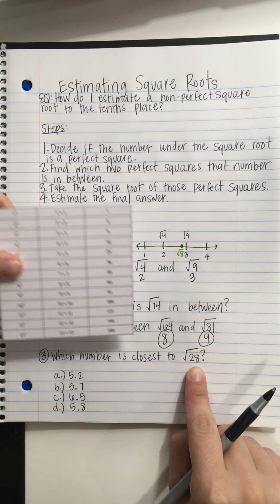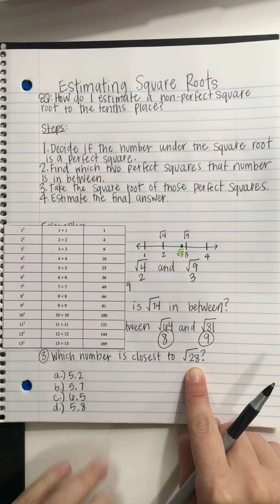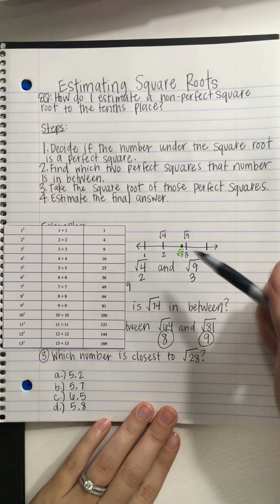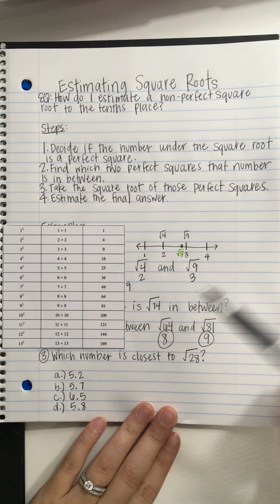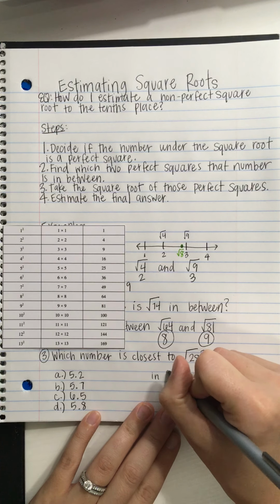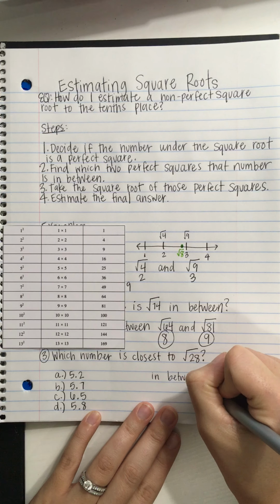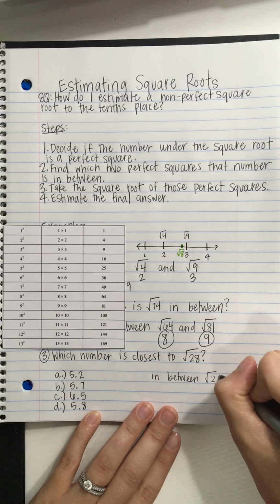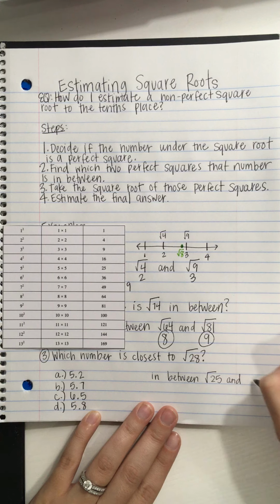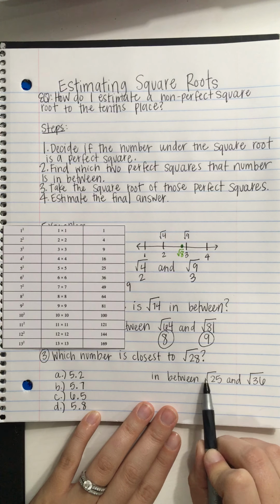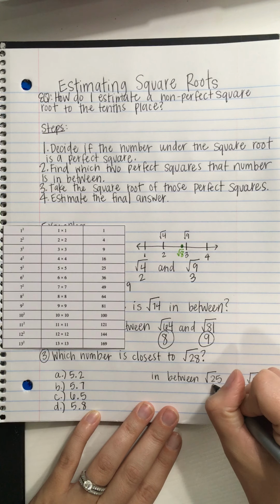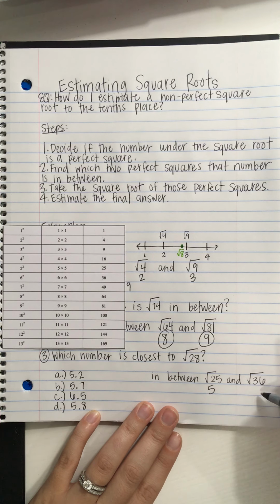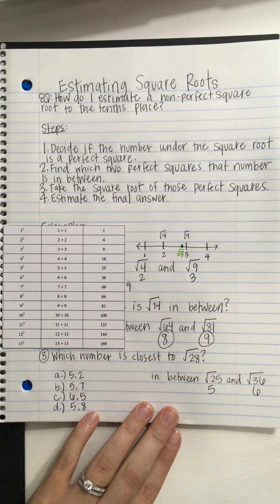So again, let's follow our steps, okay? It is in between perfect squares 25 and 36. So it is in between square root of 25 and square root of 36. If I find those square roots of the perfect squares, square root of 25 is 5, square root of 36 is 6.